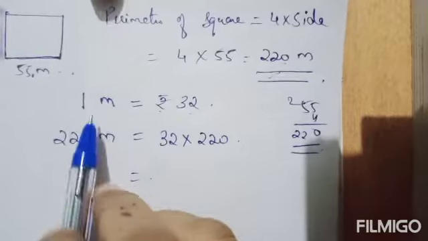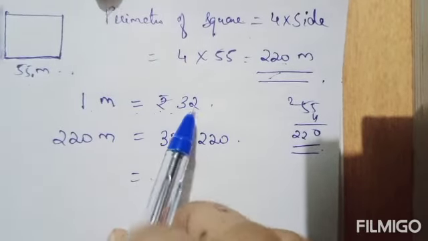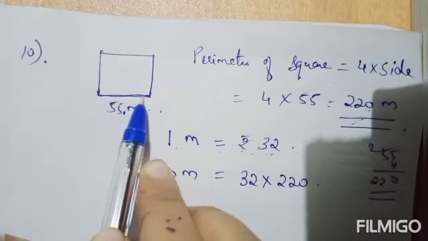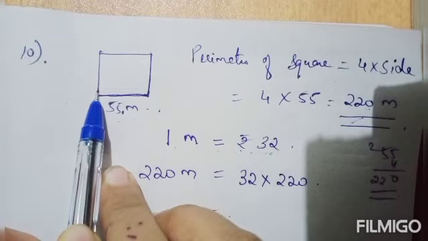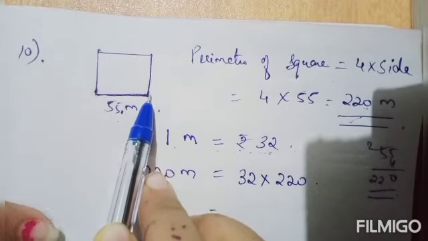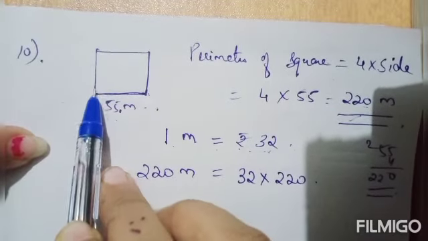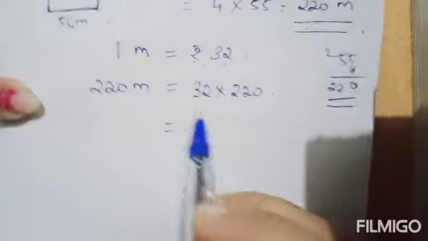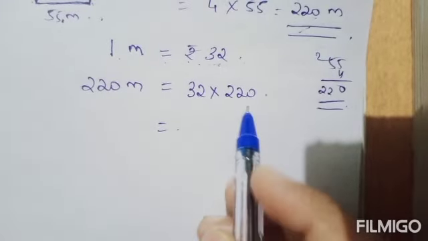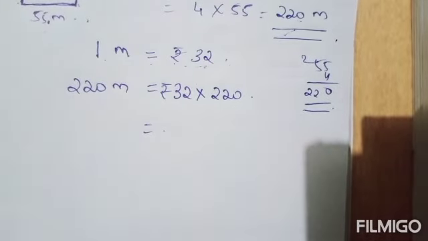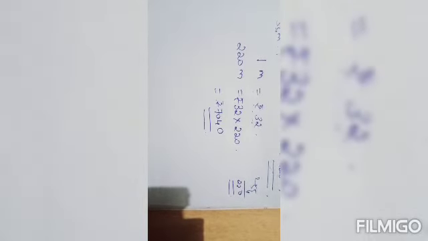Okay, 1 meter fence ചെയ്യാൻ rupees 32 ആണ്. അങ്ങനെയാണെങ്കിൽ ഈ പ്ലോട്ടിന് ചുറ്റും full length fence ചെയ്യാൻ, full length means it is perimeter, 220 meter fence ചെയ്യാൻ it will be 32 into 220 rupees. Okay, you will get rupees 7040.